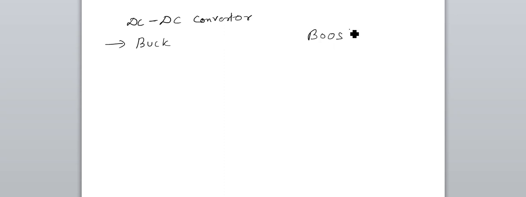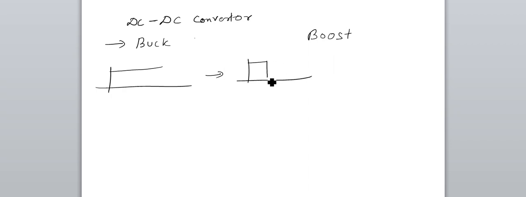Actually it has three types, we'll read later on: buck, boost, and buck-boost also. DC to DC converter means you are converting a DC waveform to a DC waveform of a different level. So this is the conversion, DC to DC converter.